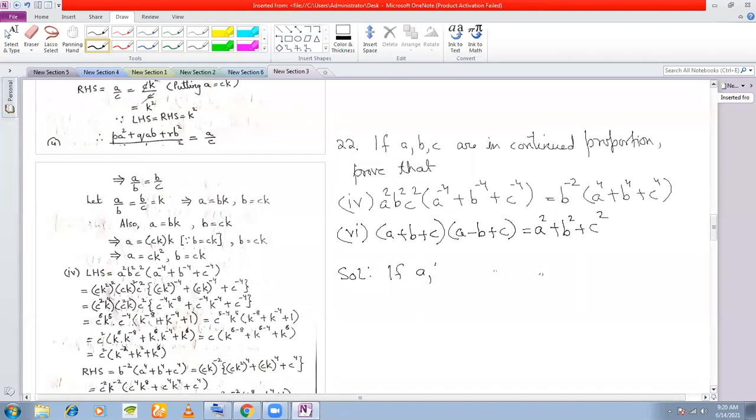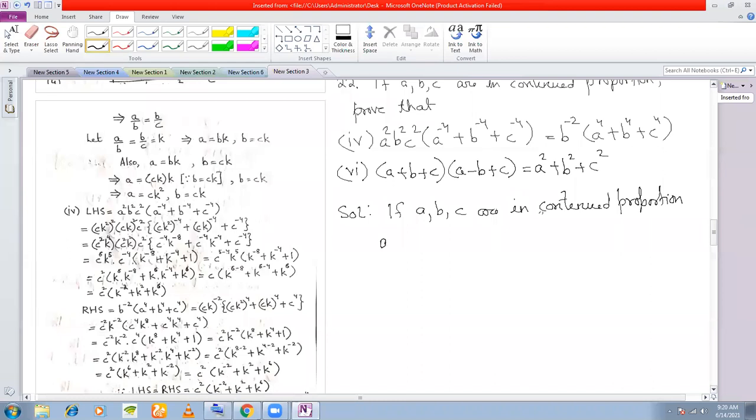If A, B, C are in continued proportion, A by B must be equal to B by C. So we say let A by B is equal to B by C is equal to K. That means you get A is equal to BK and you get B is equal to CK.